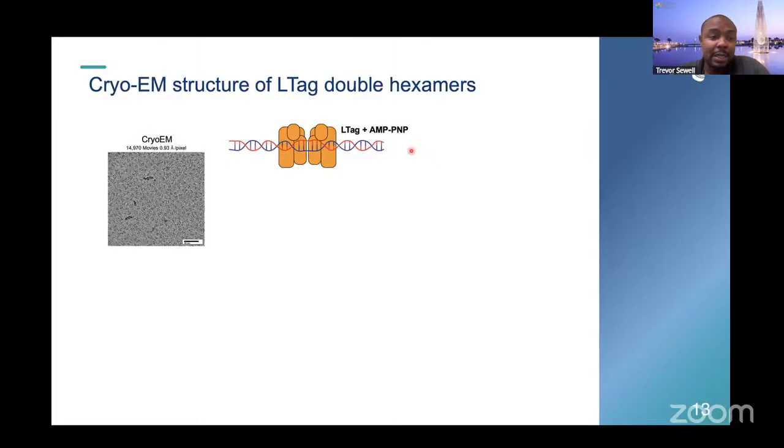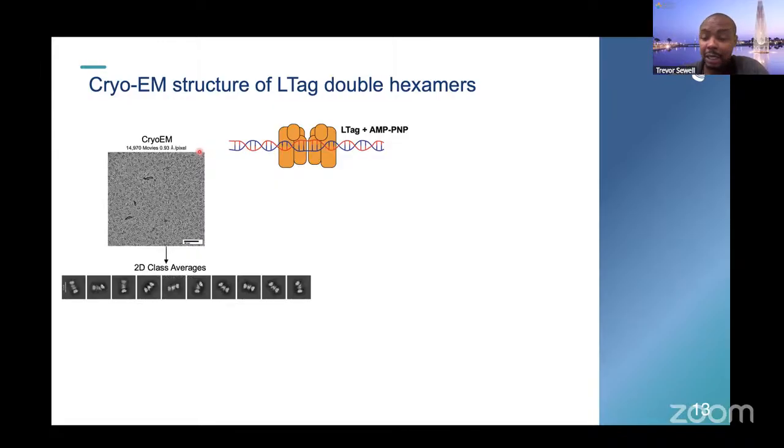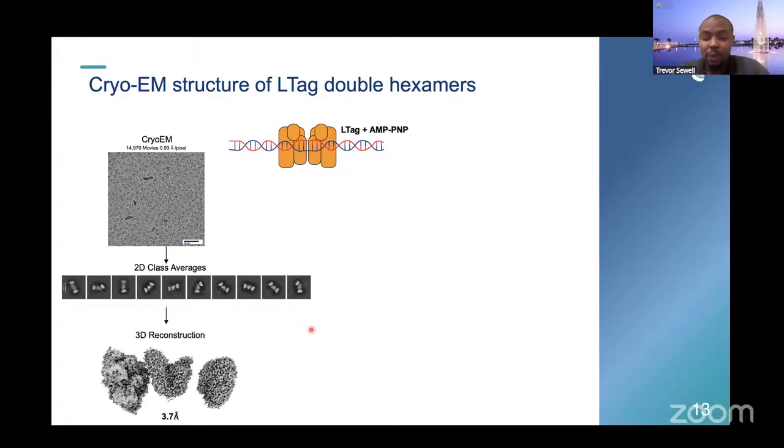And then we froze this sample and acquired around 15,000 cryo-EM movies, from which we were able to classify and fish out the double hexameric assembly, which you can see in the 2D class averages with 2 lobes. And then we were able to obtain a 3D reconstruction of the complex at 3.7 Angstrom.